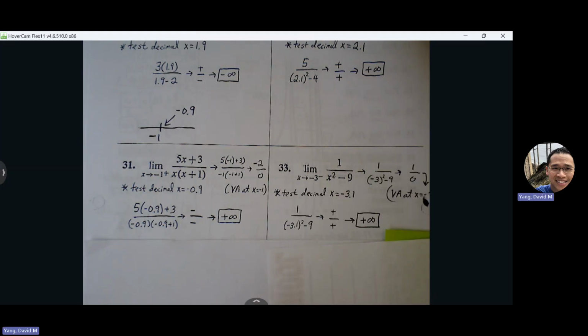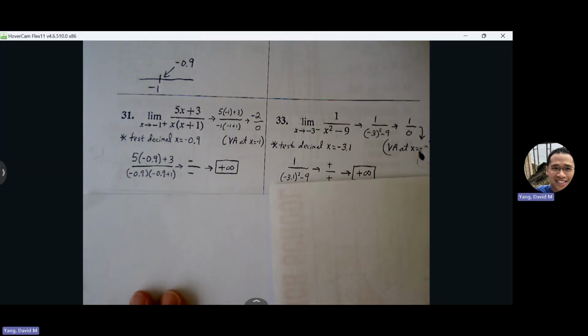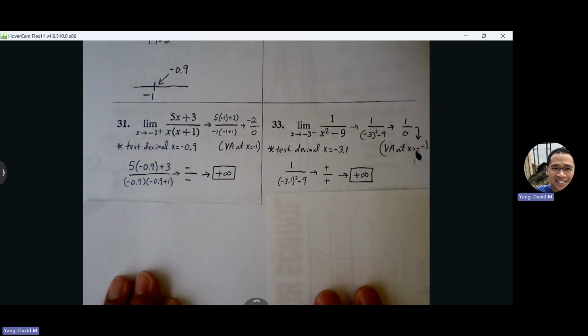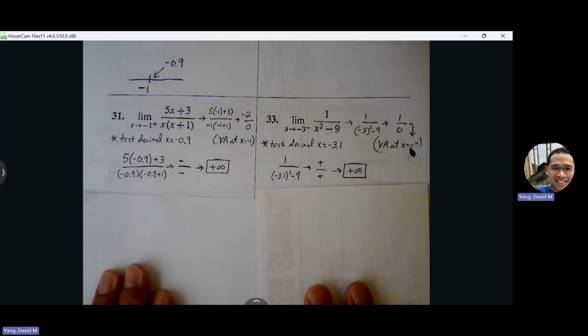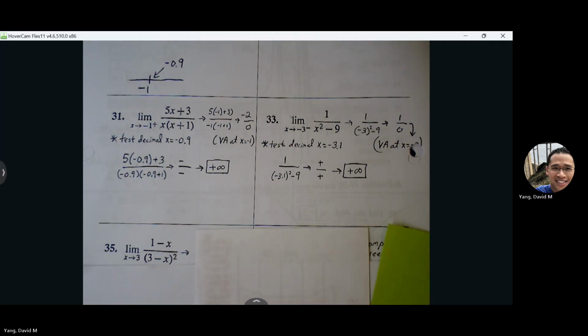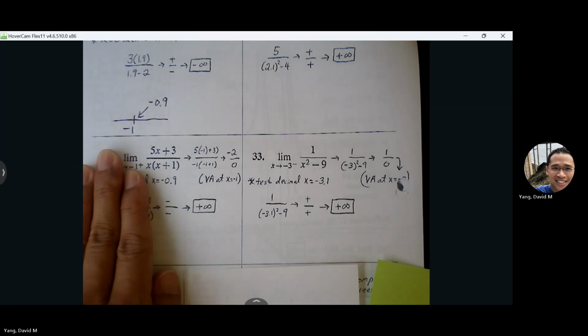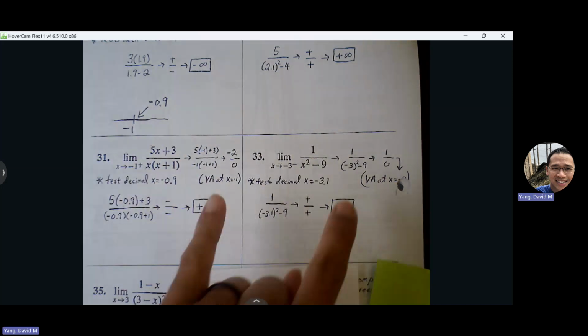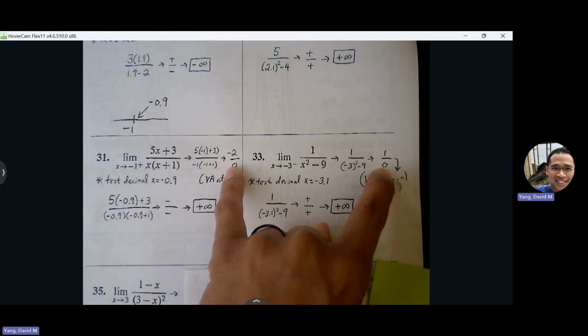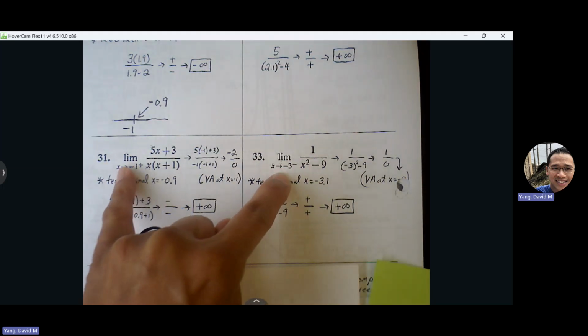Okay, 33. Direct substitution tells us there's a vertical asymptote, approaching a one-sided limit towards that vertical asymptote. We can then play with decimals. But then we realized that if we plug in through direct substitution and get a 0 over 0 or a real number, then the one-sided limit has no impact, right?